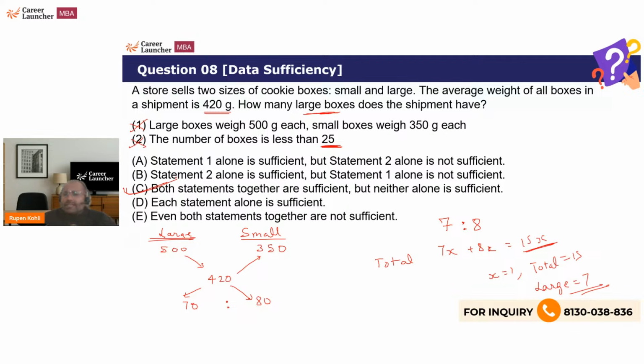Although it has not come in a long time, it's something that we must be aware of, something we should know: if these kinds of questions come, how to approach them. Let me tell you that GMAT in recent years has been asking questions on DS. Other exams also can come up.